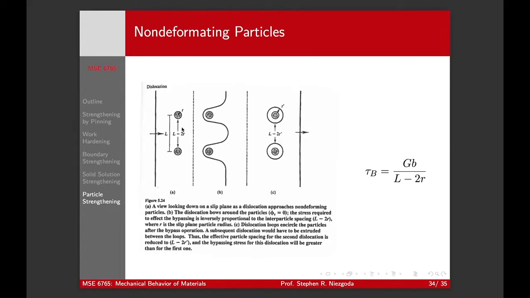So the dislocation hits, it bows around, it keeps bowing around until these two dislocations meet up. Right? And basically bypass, and you're left with 2 dislocation loops around your particle, right? These dislocations come back together and meet up, right?